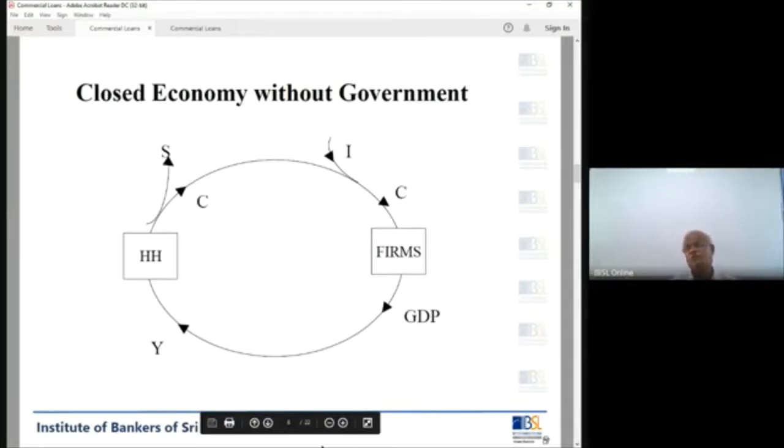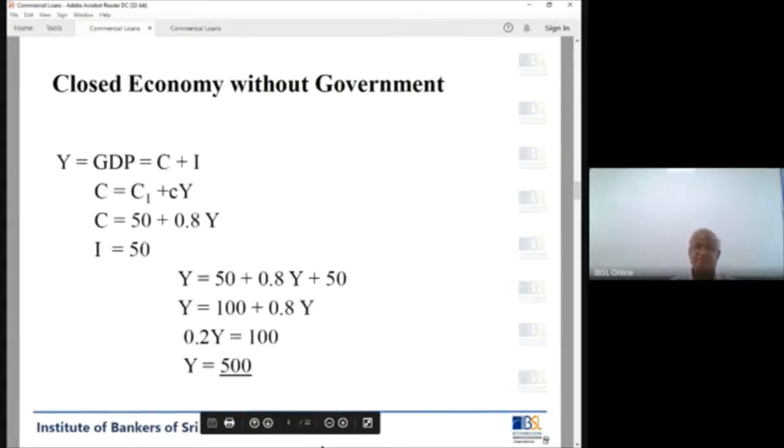Then what do households do? They finance their consumption, C. Then again, the savings. The balance is saved. Y equals C plus S. Now we'll discuss the model.